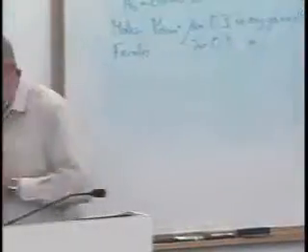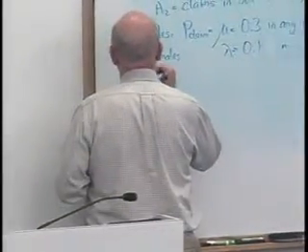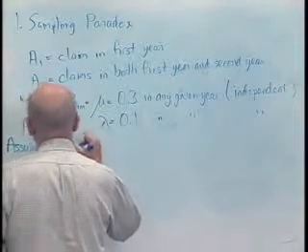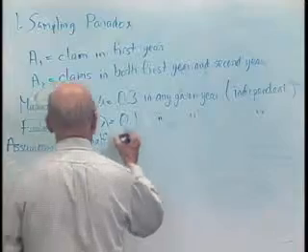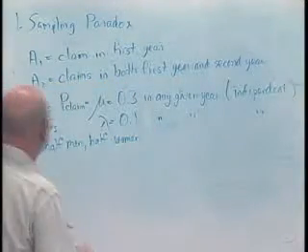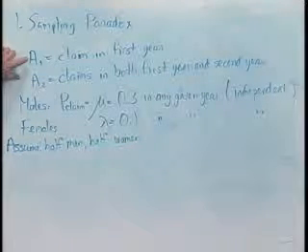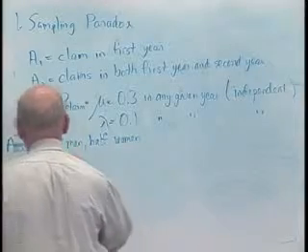Okay, here goes. We're going to assume half men, half women. And the idea is we pick a person at random, and we want to know the probability that they make a claim in the first year.